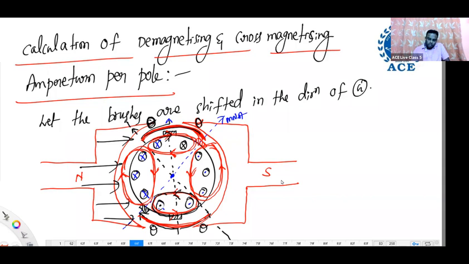Quadrature axis is different, direct axis is different. Quadrature means brush axis or interpolar axis.